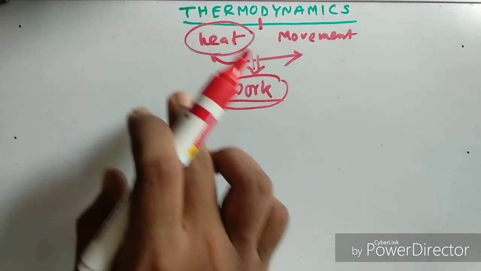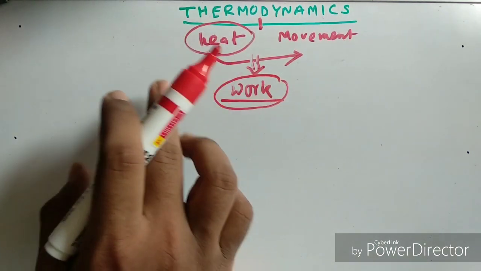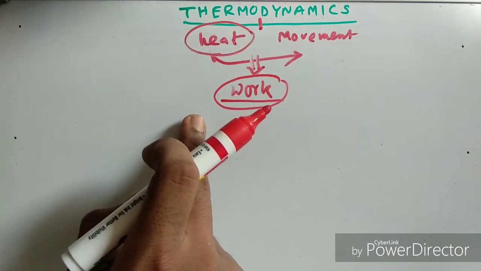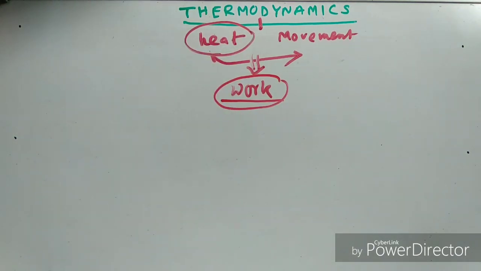Thus the conversion of work into heat or heat into work, that we can see in nature, in mother nature, everywhere we are looking. So heat is converted into work or work is converted into heat. That is what we want to study by thermodynamics, this conversion.